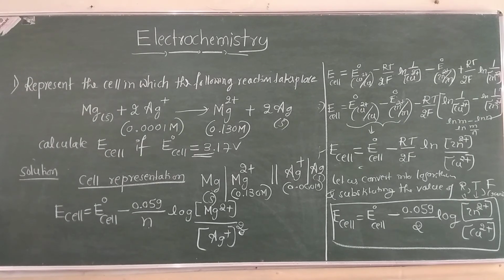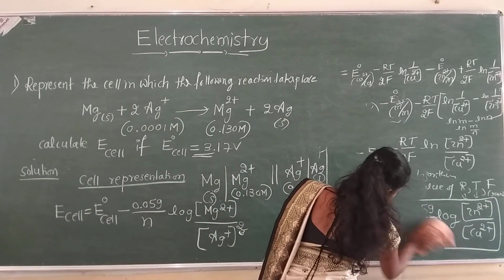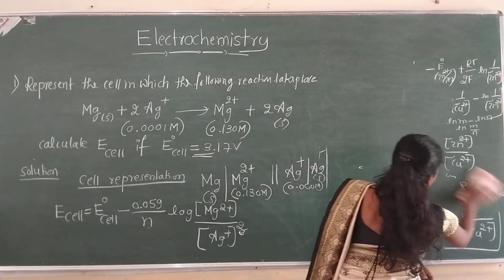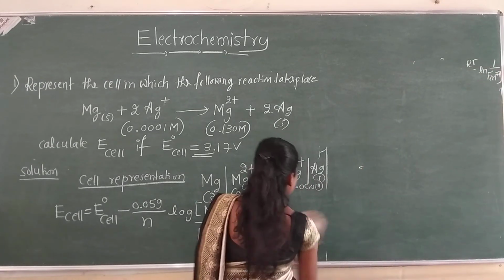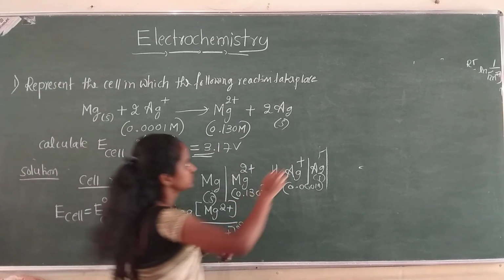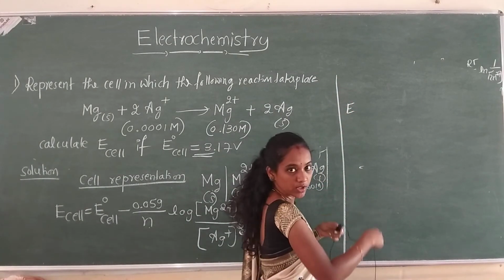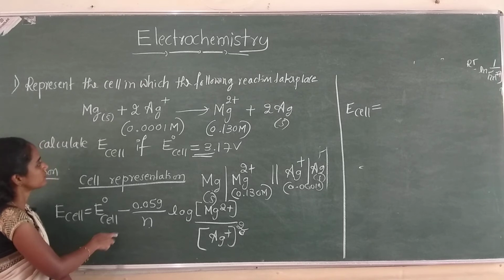E0 cell is given. I'll write here: E cell is equal to, what is E naught cell, what is the value they have given?